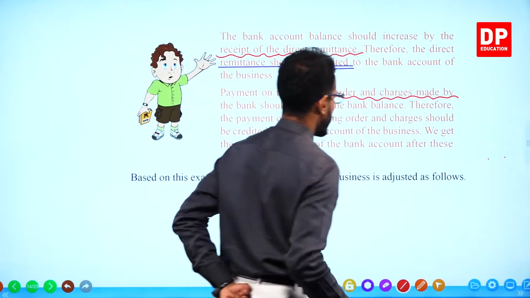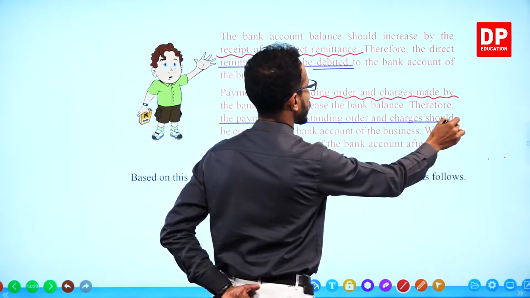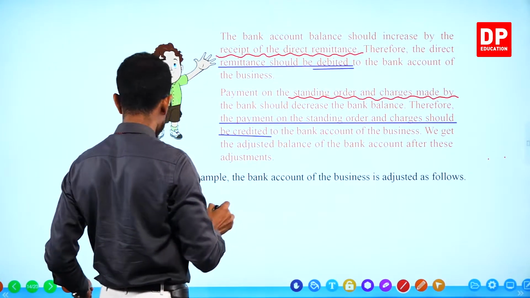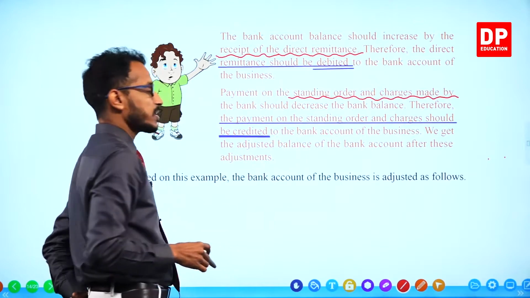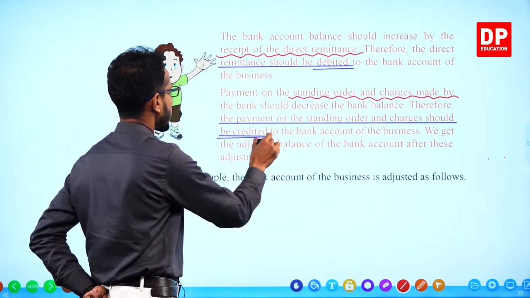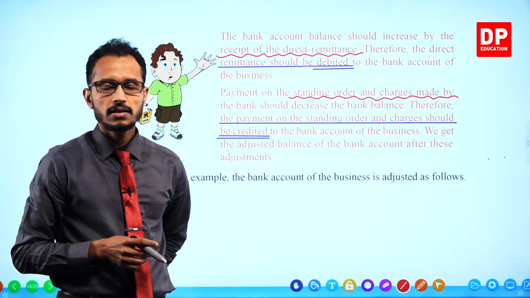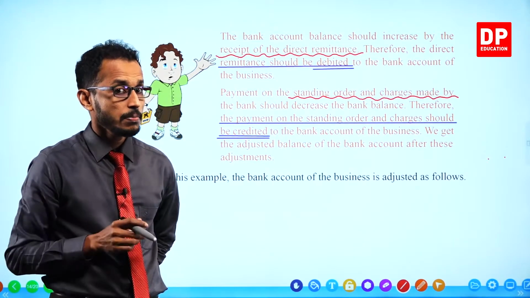Now, what are we talking about? Should be credited where? Should be credited in the adjusted bank book that we are going to prepare.